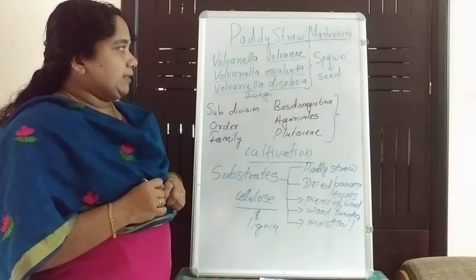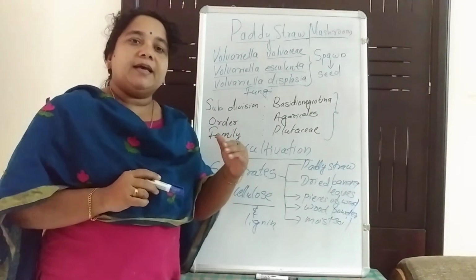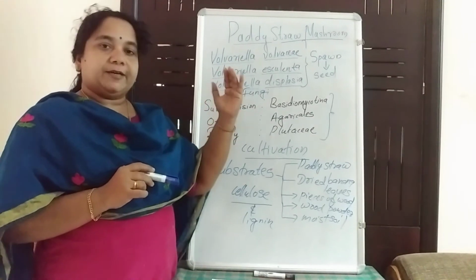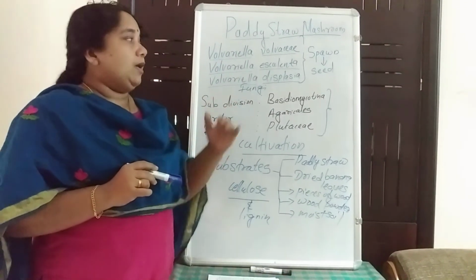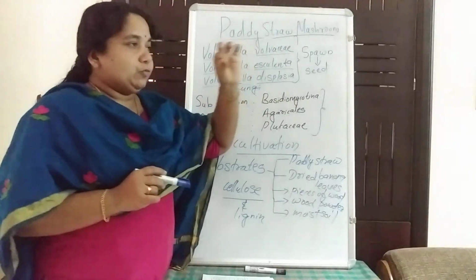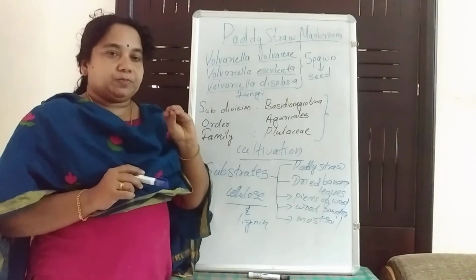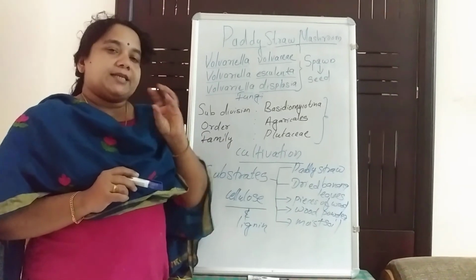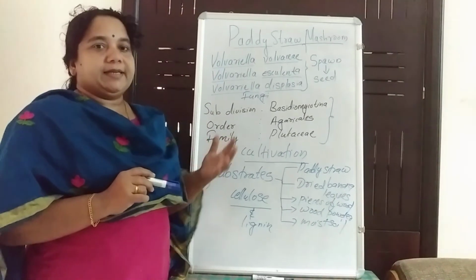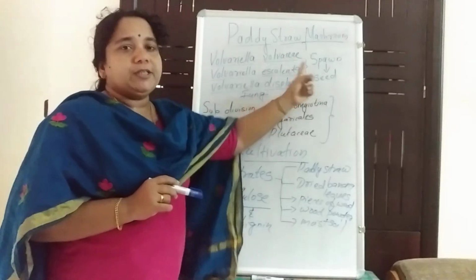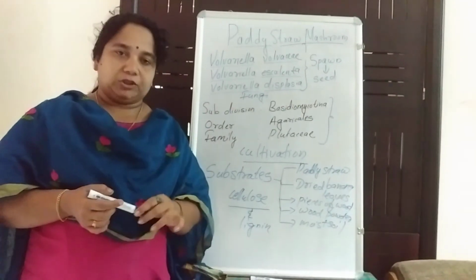Then what is the mycelium? I think that you have studied the structure of mycelium in the first topic by Archana Miss. The mycelium will be coated with some starch powder or some other substance. It will be taken in detail in the next class, and that structure is called spawn. So spawn is used for the cultivation of mushrooms.